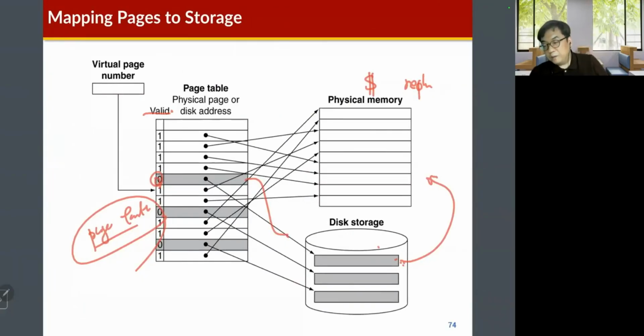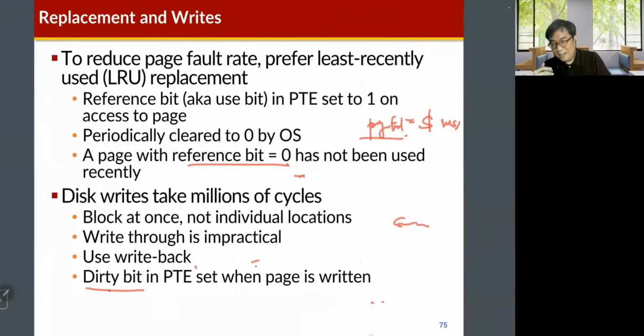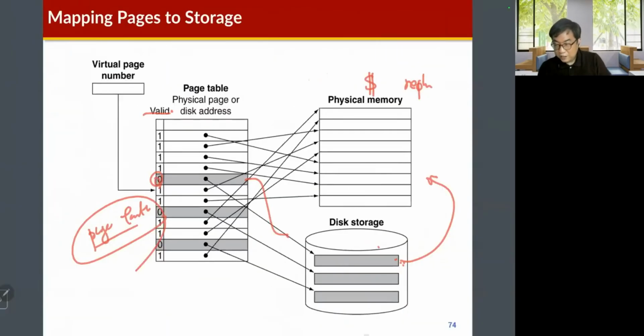I explained about the virtual memory and how the page table is used for VPN to PPN translation. And then this page table is managed by the operating system. It's software, which means that to access this page table, usually this page table is found in main memory.